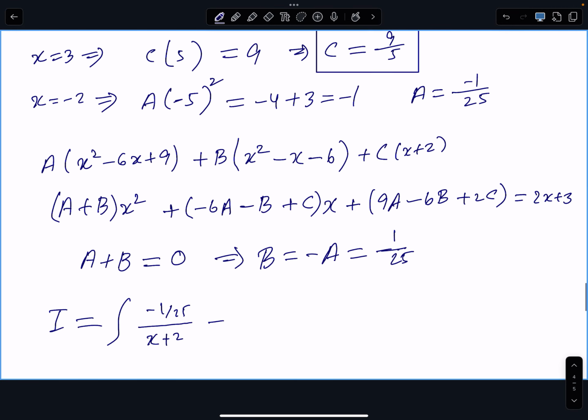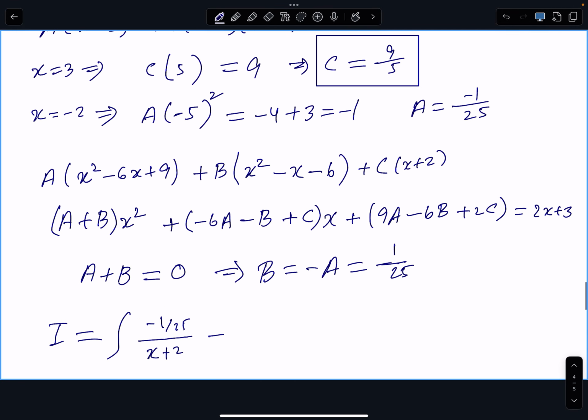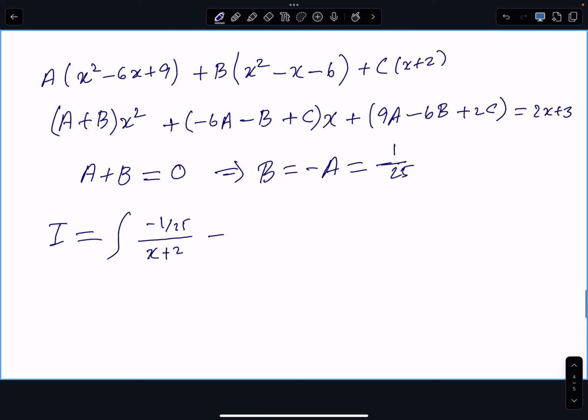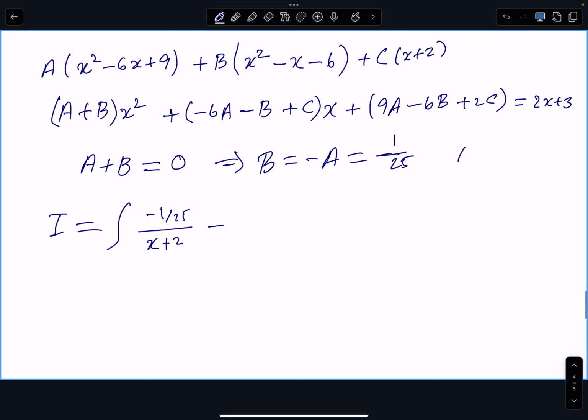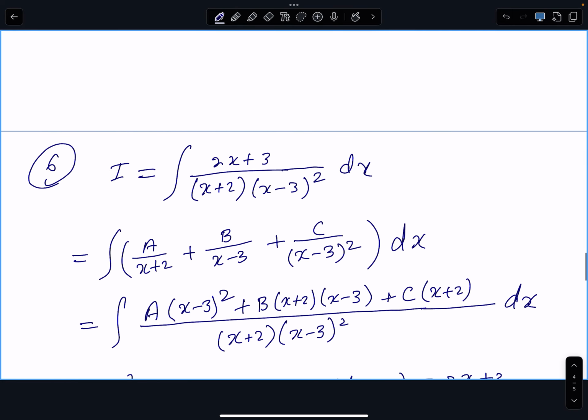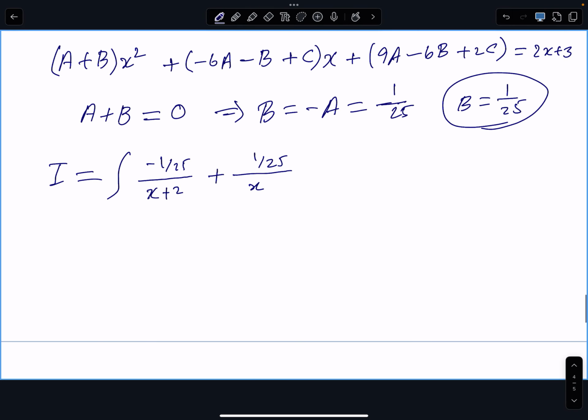B is positive or is it negative? B was positive, over x minus 3.